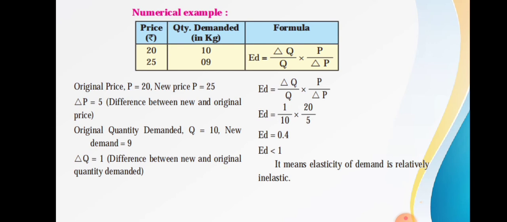Similarly, when the price increases from 20 to 25, our quantity demanded decreases from 10 to 9.